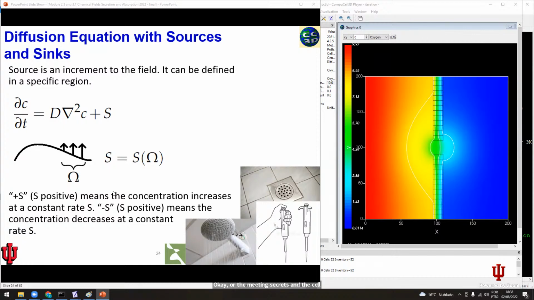You can set all those types of things. Obviously, if you write minus s, it will behave as a sink. The problem with minus s is that your field can become negative, because your rate of change is always negative. So you can go negative.